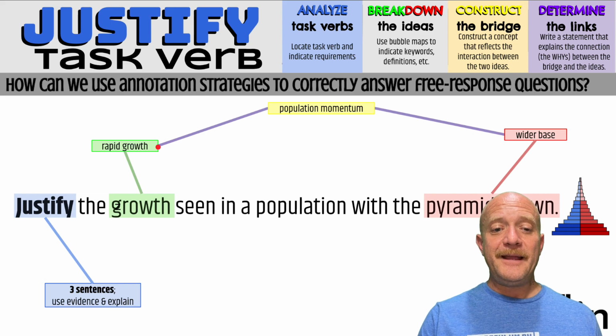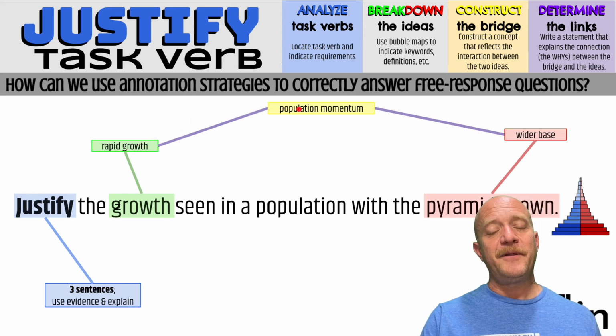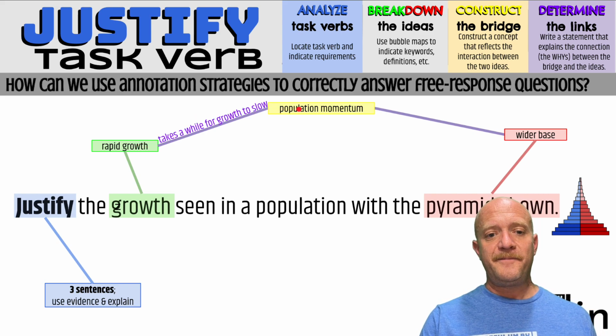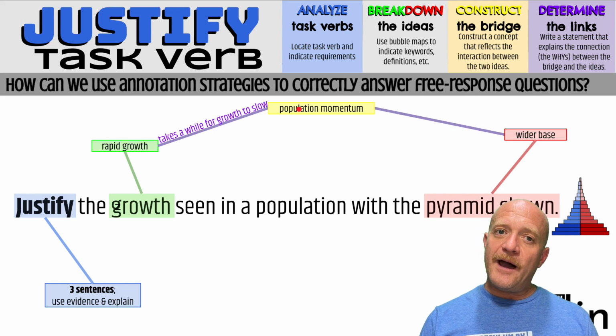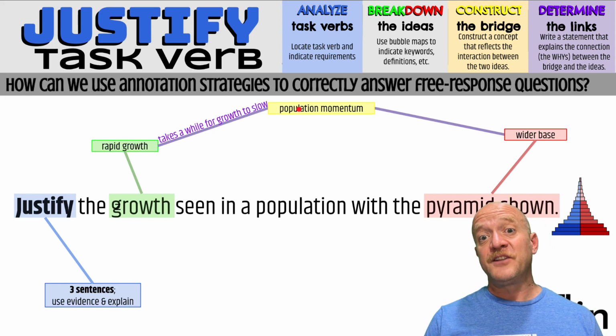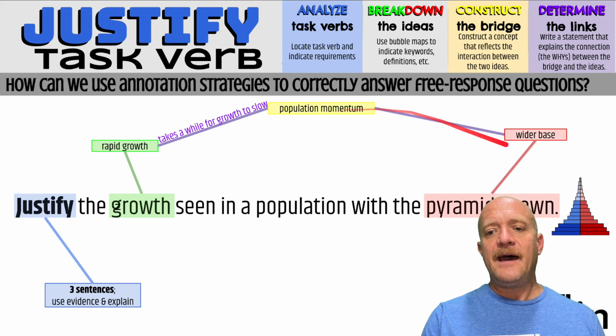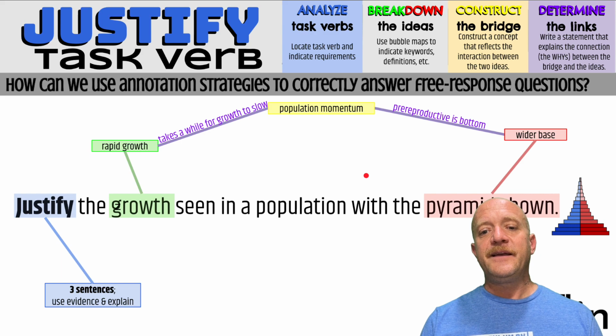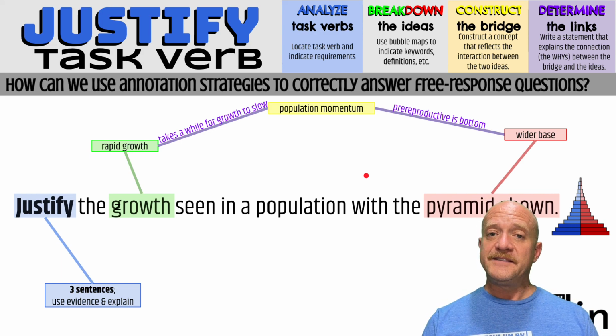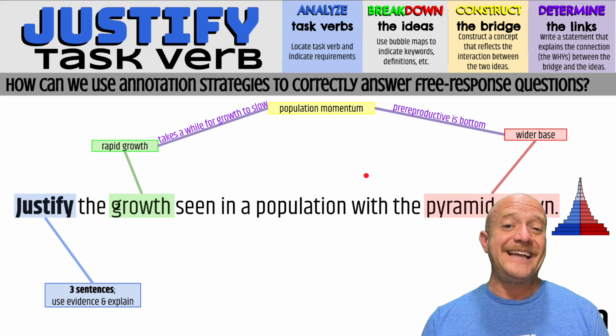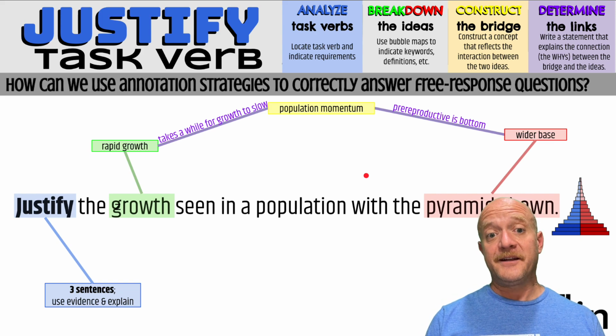How is population momentum related to rapid growth? Determine link number 1: it's going to take a while for this population growth to slow down. And then how is that related to the wider base, the population momentum? It's because the pre-reproductive cohort is on the bottom, which means they're going to age and become reproductive.